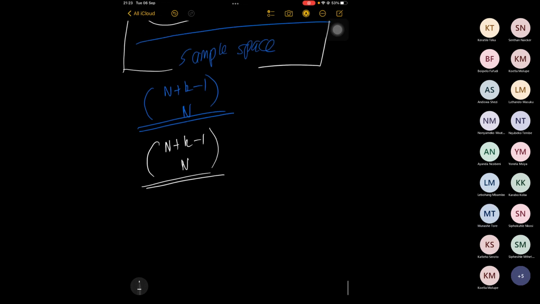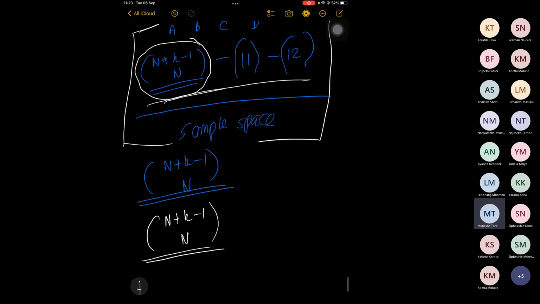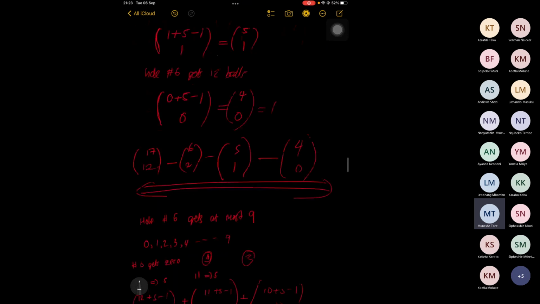So let's assume that for all the sharing questions that we did yesterday, they were phrased like, what is the probability that Nehemiah gets the most? You compute it like this, which is perfect. Let me look for an example to make it clearer.